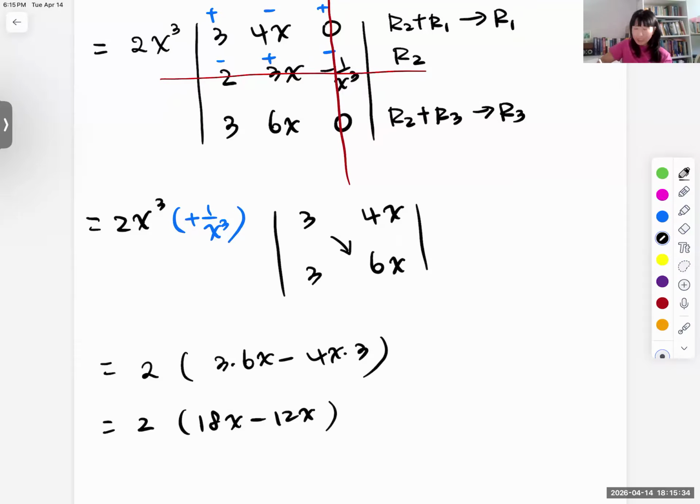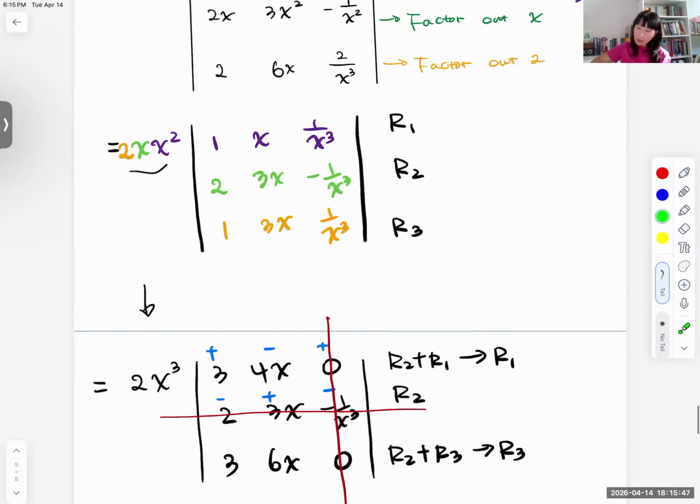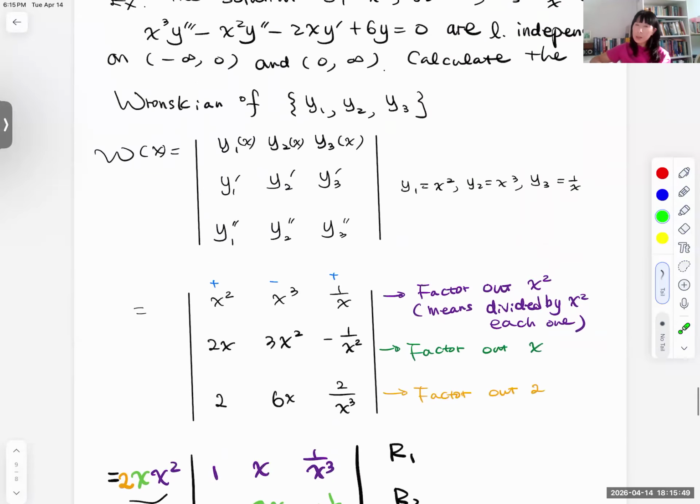All right. So look, we cannot have a 0 there because they say it's on an open interval, right? So 0 is not included there. So we cannot have a 0 there. That means x can be any number except 0, right? We call it non-zero.